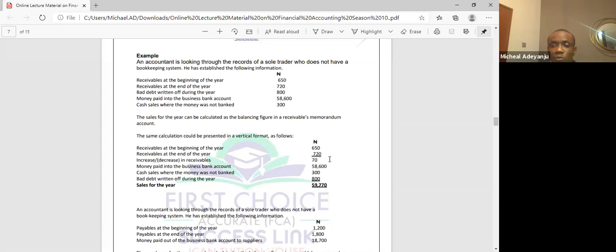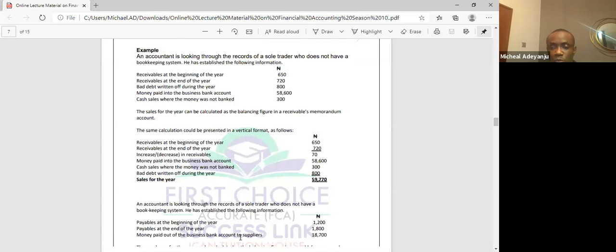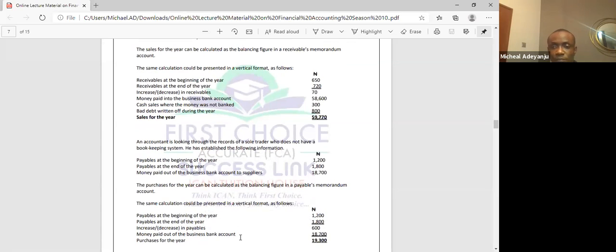Likewise, your purchases too is also the same thing. Purchases are the payables at the beginning of the year, payables at the end of the year, and money that is paid out. Remember, money came in, but this time around, money goes out to suppliers.